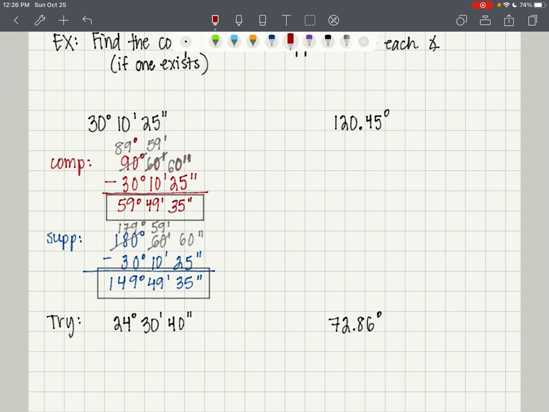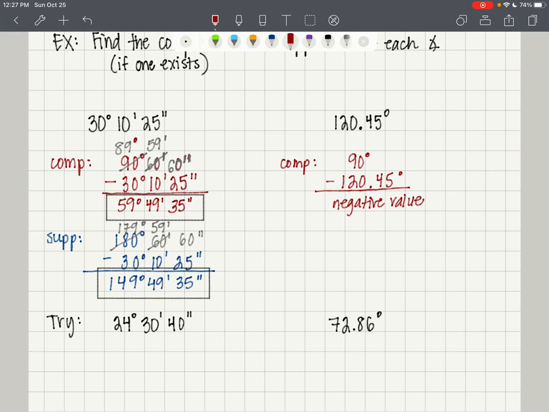Likewise, we can find the complement and the supplement from decimal degrees. So the complement is going to be 90 degrees minus 120.45 degrees. Now, if I try to subtract 120.45 from 90, I'm going to end up with a negative value.